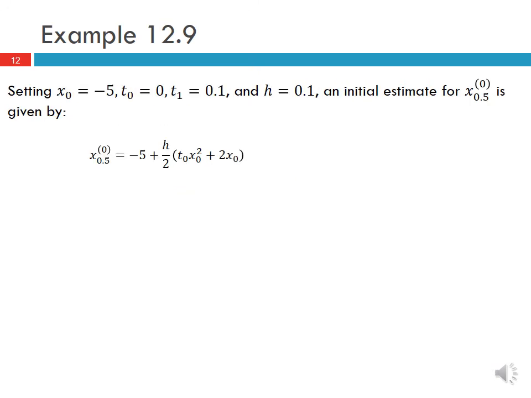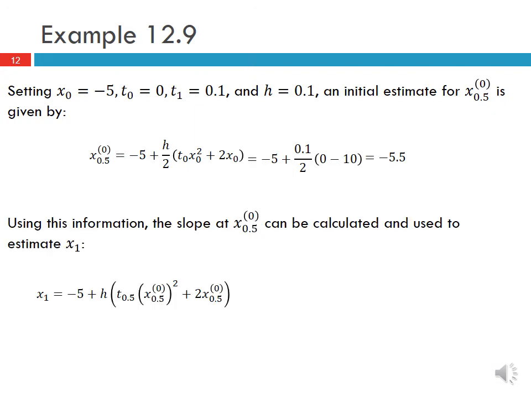With all of our values, we can plug this into the first equation, where x at 0.5 is equal to minus 5 plus h over 2 times t0 x0 squared plus 2x0. Plugging in our values, we find that x at 0.5 is equal to minus 5.5. Then we can use this information to calculate the slope at x 0.5, which we can use to estimate x1.